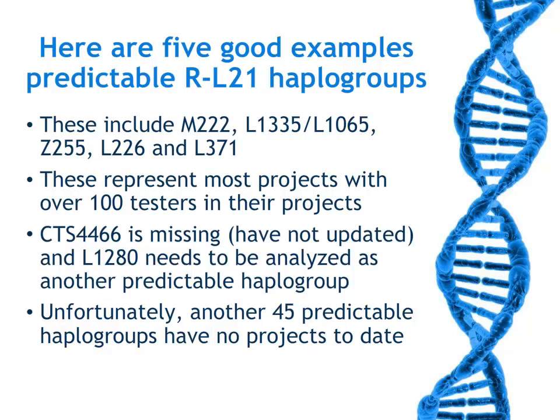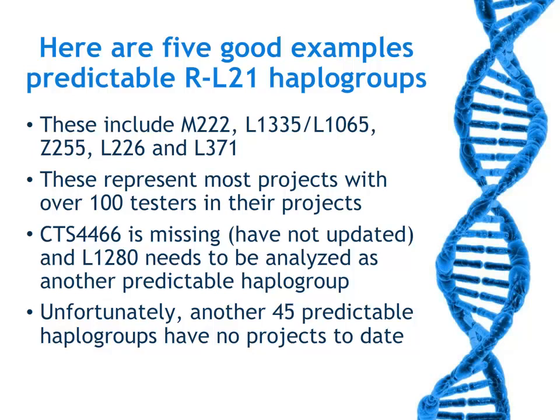All these have very nice projects that cover these particular haplogroups. These represent the most projects with over 100 testers in the project. CTS4466 is another one, but I haven't updated that in a while. And I just completed a review of L1280, which is under haplogroup R1A, and it works pretty well as well.